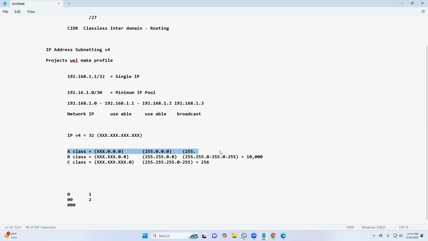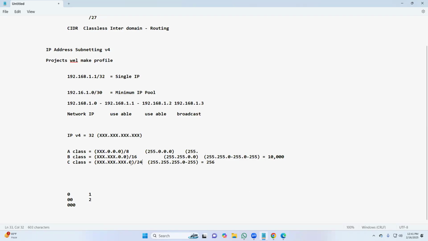Basically, A class subnet mask is /8, and B class subnet mask is /16. So by default, you can memorize /24.